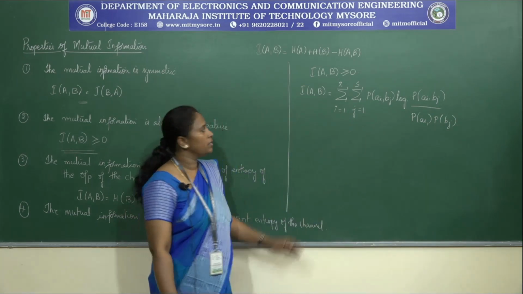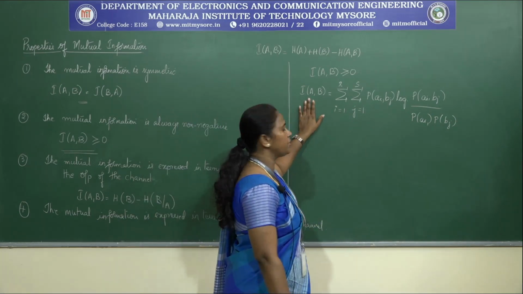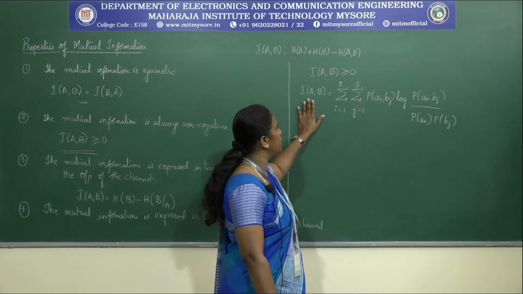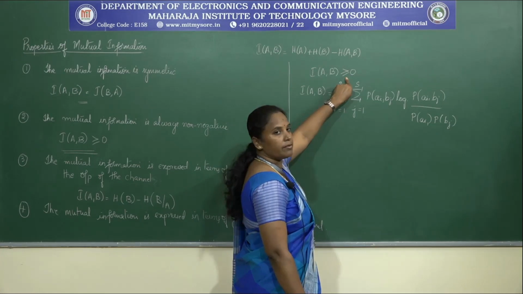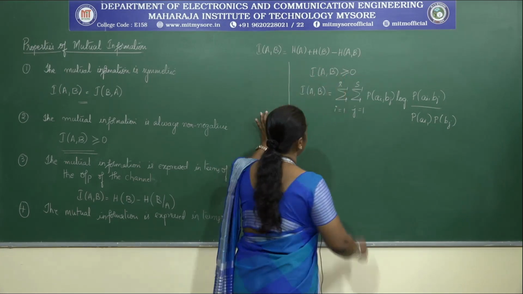Okay, this is the general equation for mutual information. Now we need to prove that it is greater than or equal to 0.